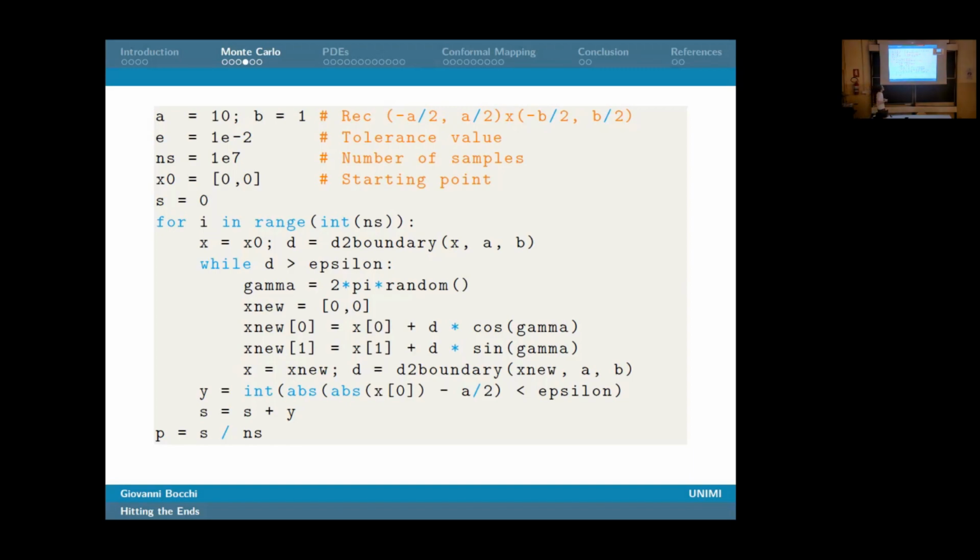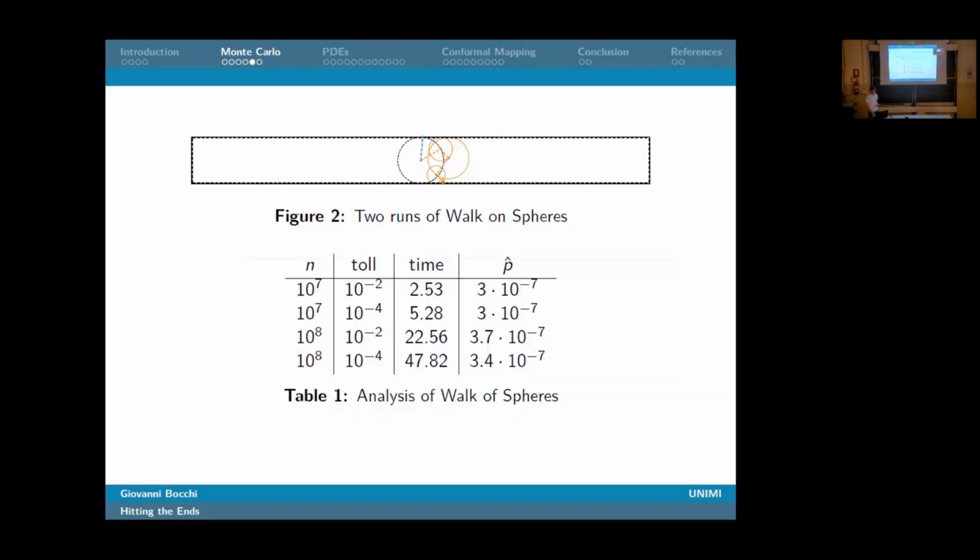If our point in the end is closer than epsilon to the boundary, we will say that we converged in some sense, and we will count that point 1 if it is in the ends and 0 otherwise. We sum the values that we obtain and we divide by the number of samples that we generated in order to obtain an estimate for P. Here it's a little bit small, but you have 2 iterates of the algorithm.